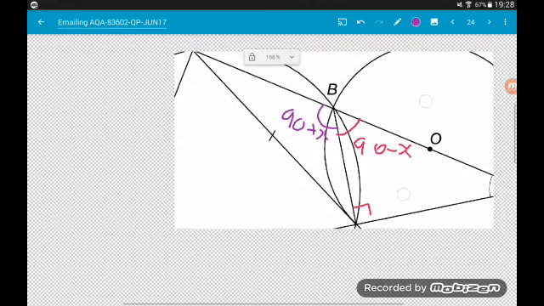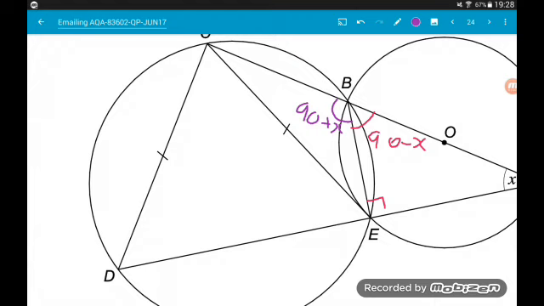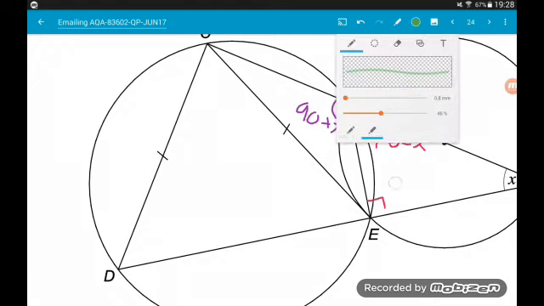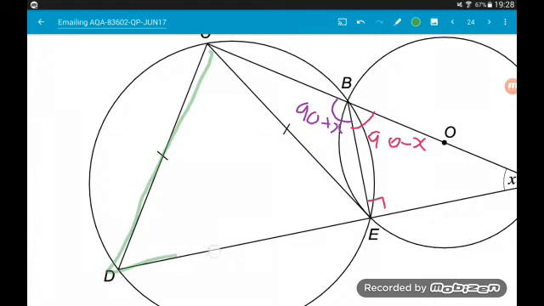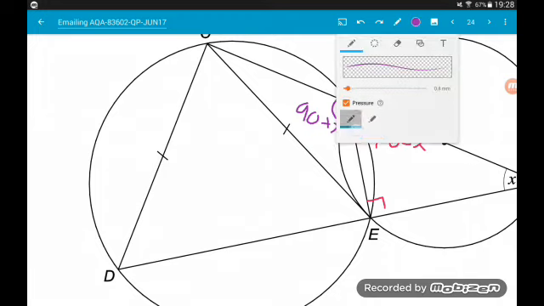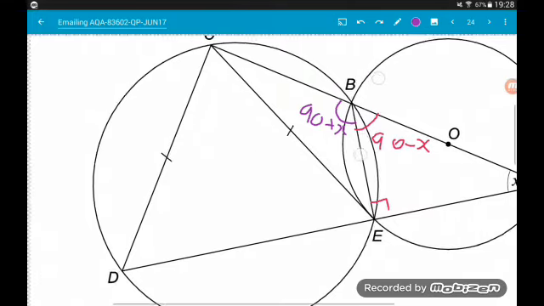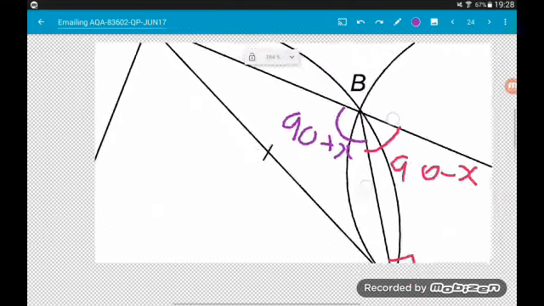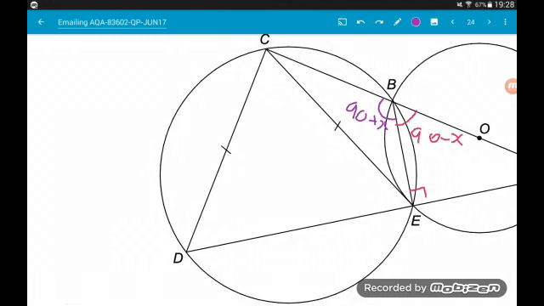So if we then zoom out, in the left hand circle we've got a cyclic quadrilateral going on. So that guy is a cyclic quadrilateral. In cyclic quadrilaterals, opposite angles add together to 180. So if this purple angle is 90 plus x, and this bottom left angle is 90 minus x.